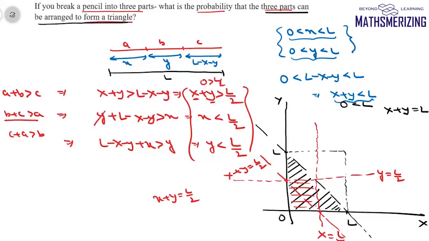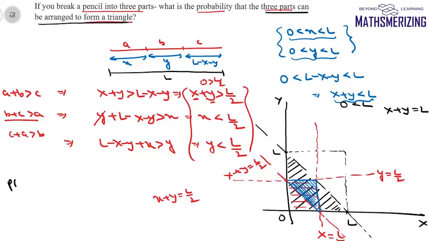So that means 0 doesn't satisfy this inequality, and the region we need is above this line. So the condition that these three parts can be arranged to form a triangle corresponds to this blue triangle.